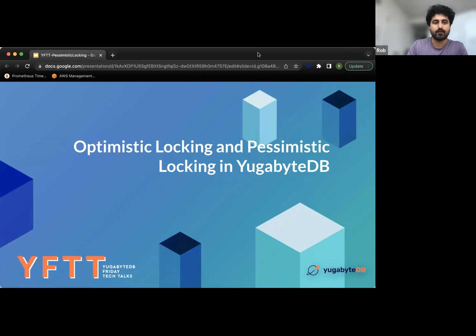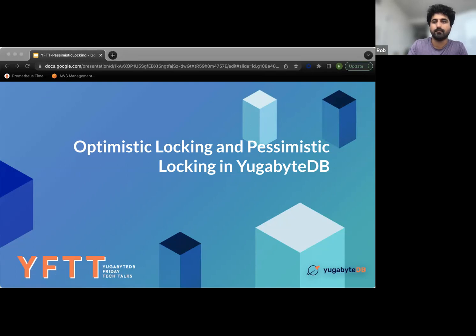Thanks for the intro, Karthik. I'll just jump right into the topic. If you're not familiar, there are two concurrency control or locking schemes that people like to talk about. One is optimistic locking, another is pessimistic locking.